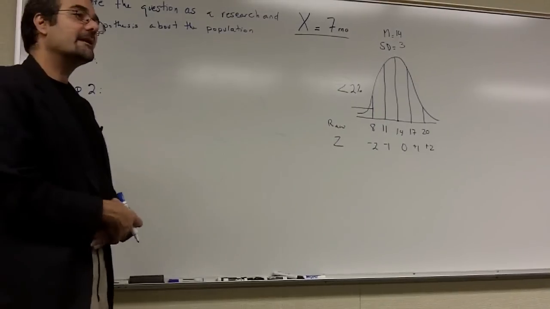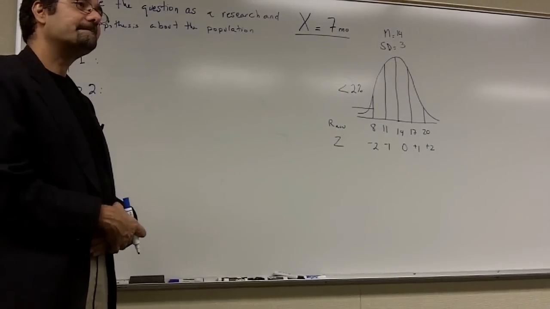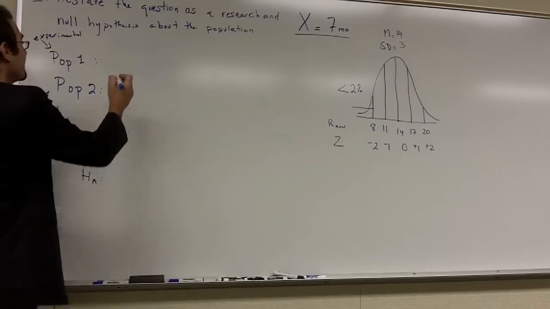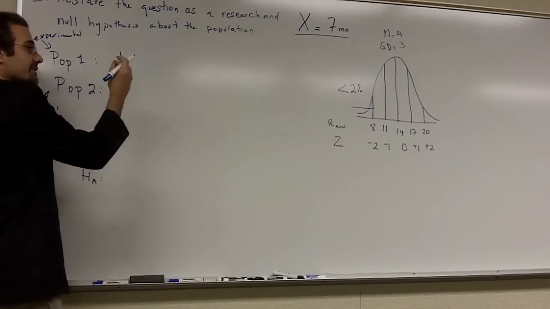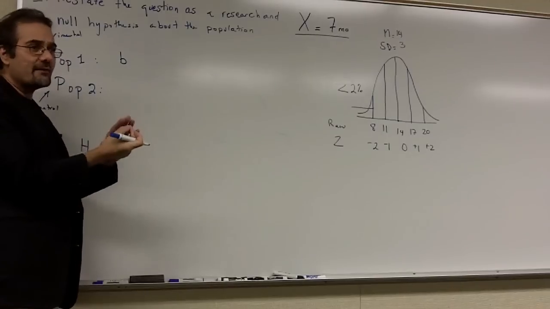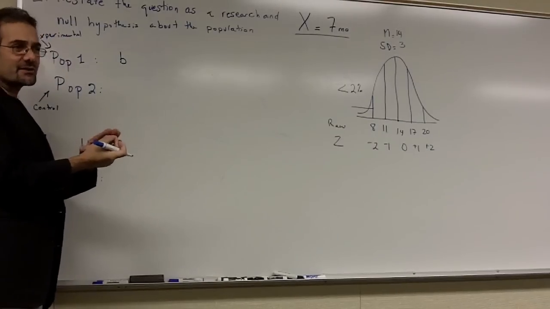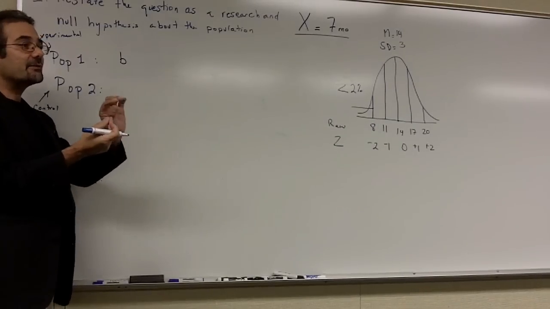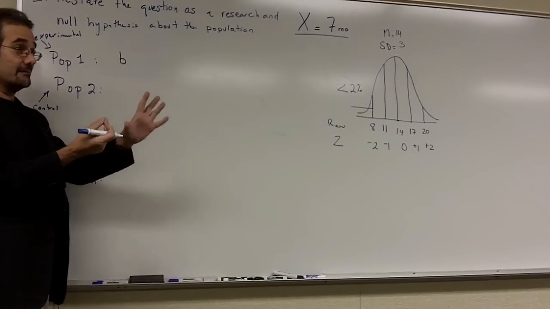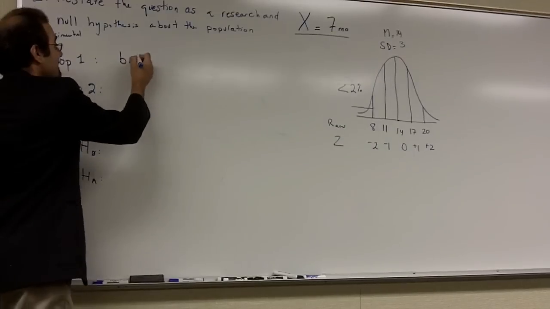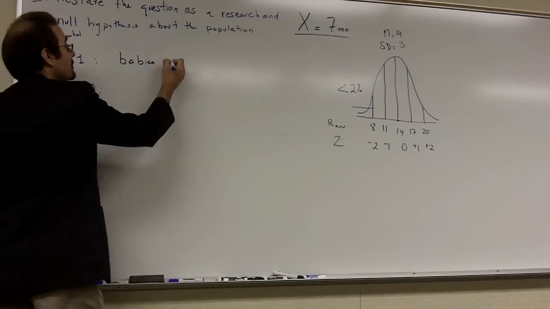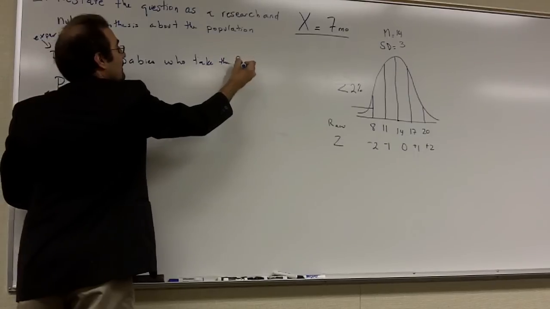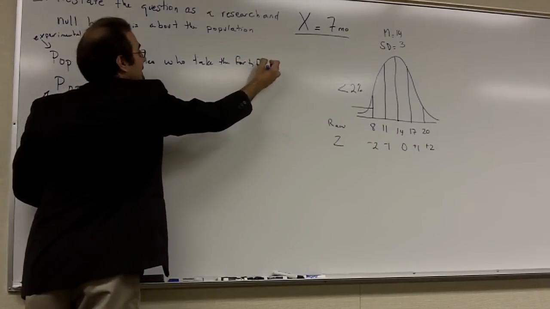So in this case, your population is what? Anybody? In the case of the single baby? Babies who take the... Excellent. Very good. So you always go to the population. So you take the single baby, and you know everything about the baby, so that's your sample, but you want to make inference about a population, the population from which that baby would have come. So that's babies who take the fortified vitamin.